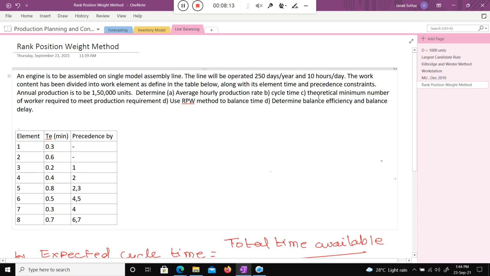Now C: what is the theoretical minimum number of workers required to meet the production requirement?